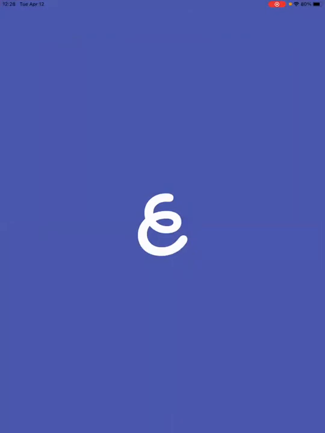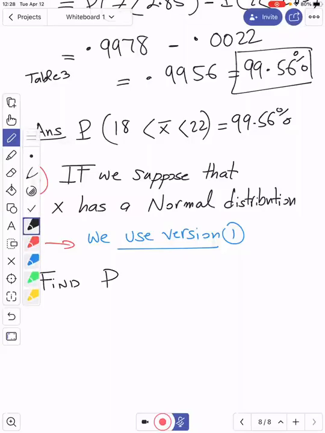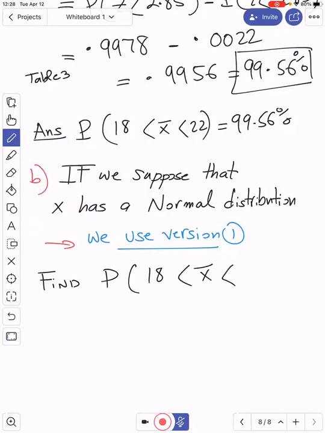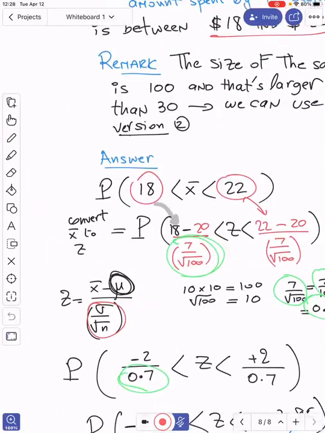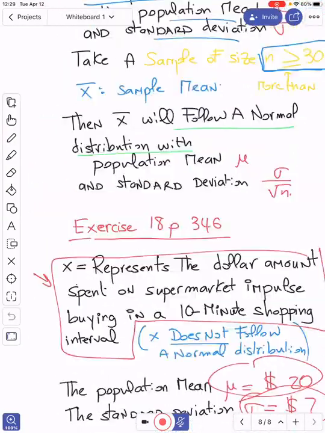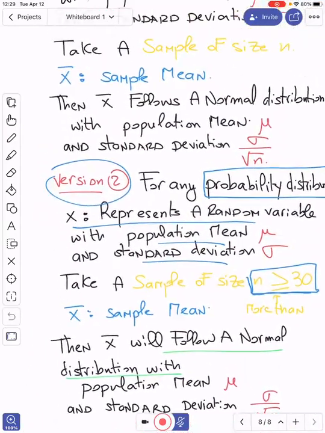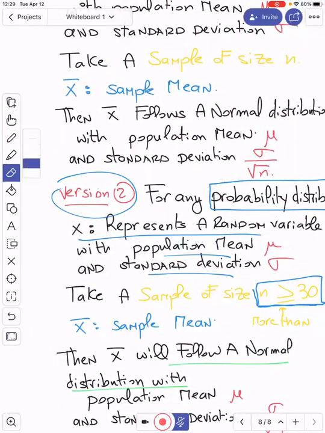Sorry. Yeah, so let's say you want to find the probability that X bar is between 18 and 22. Same question, but as I said, here we suppose that X follows a normal distribution. So in that case, we use version 1. In the first version of the theorem, there is no square root of n here.